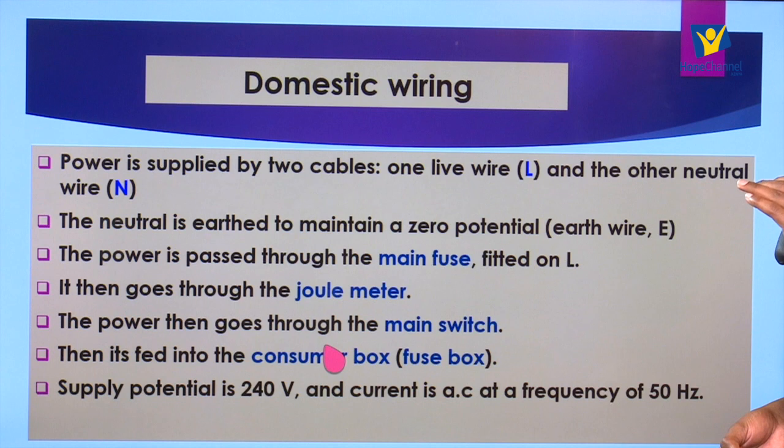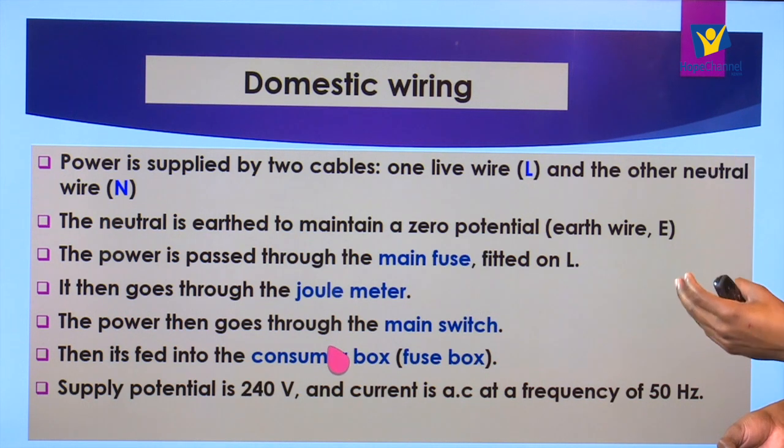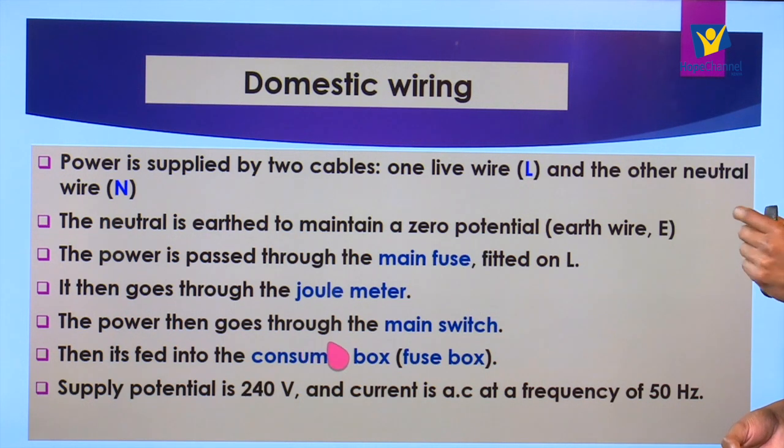The difference is that the requirement of the heating circuit is very different from the requirement in the lighting circuit. Bulbs require much less current compared to the heaters and the cookers, and so they cannot be connected in the same circuit, because if they're in the same circuit, a lot of current is going to flow through, which may make the bulbs blow off.